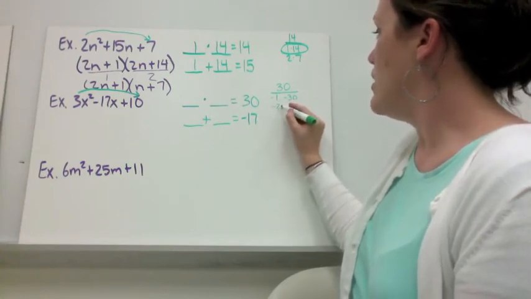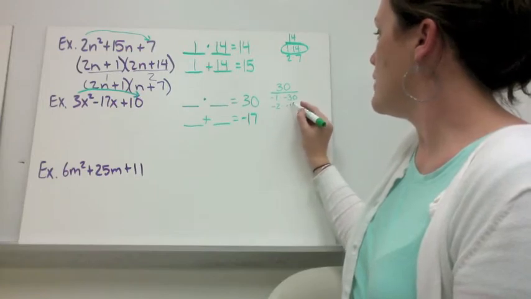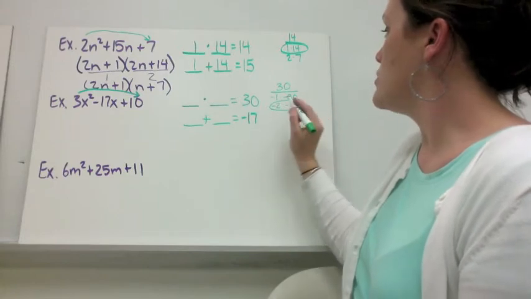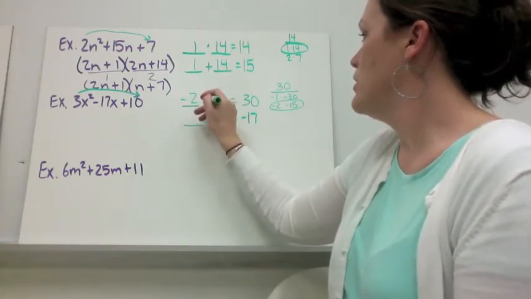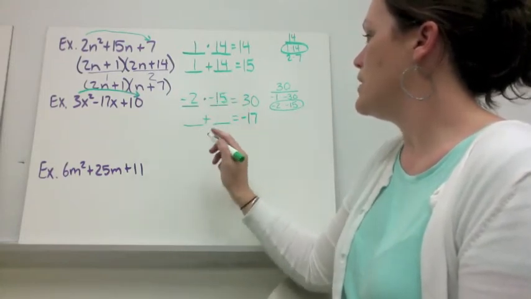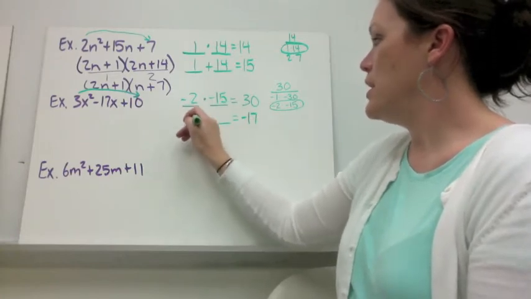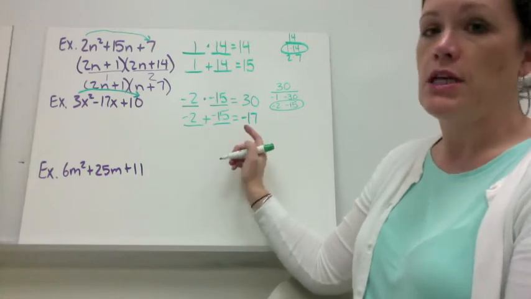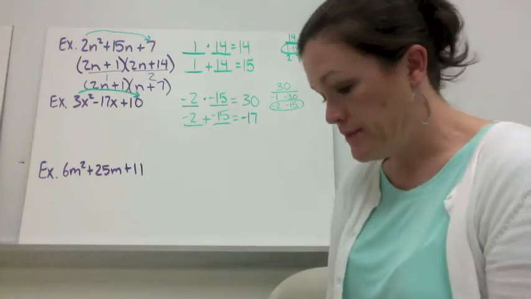How about negative 2 times negative 15? They look like the right pair. So negative 2 times negative 15 equals 30, and negative 2 plus negative 15 adds to give me negative 17.